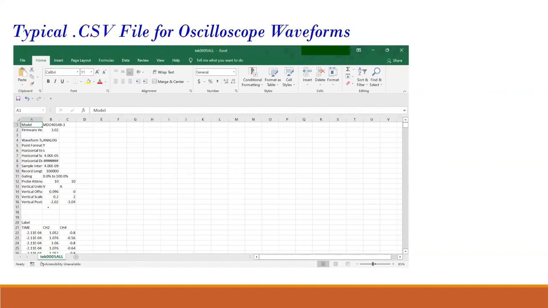This is how your CSV file will look. It will tell which oscilloscope, what is the version of firmware, what was the sampling period, what were the offsets, etc., the time, channel 2, channel 4, etc. All the data will be saved over here.